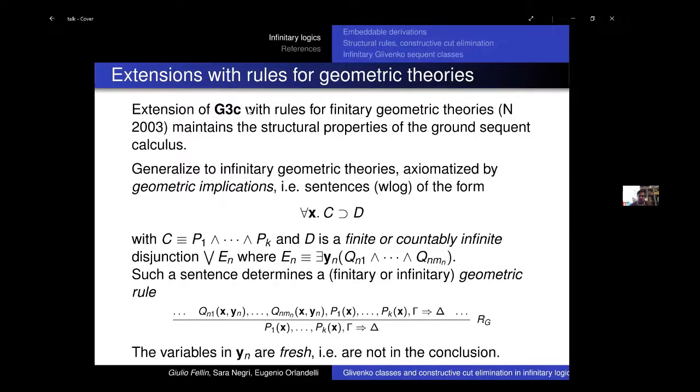Okay. So then we can have some extensions with the rules for geometric theories. We know that in finitary logic, if we add geometric axioms, what we get maintains the structural properties of the ground sequent calculus. So we can generalize this to infinitary geometric logic.